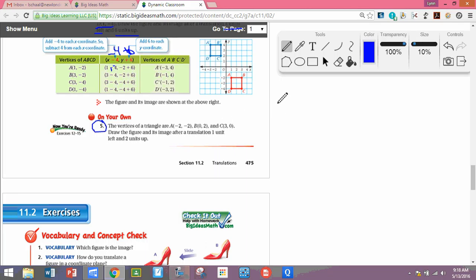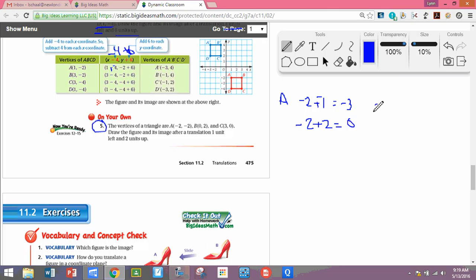Okay, so for number 5, A is -2 minus 1, and that equals -3, because that then becomes plus a -3. And then your y coordinate was -2 plus 2, so that equals 0.